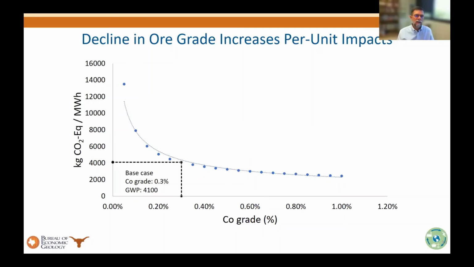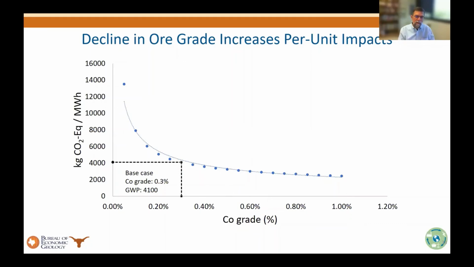The decline in the ore grade for cobalt is a nonlinear function, where the kilograms of CO2 produced are non-linearly related to the cobalt grade. If you get less than 0.3%, you start to have a non-linear increase in the CO2 that is emitted per mass of the cobalt that's produced.